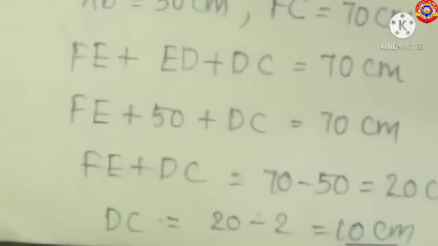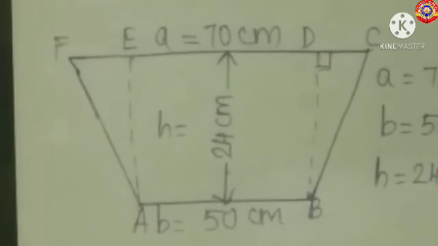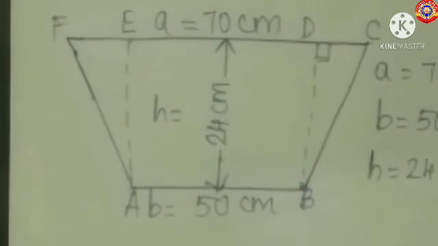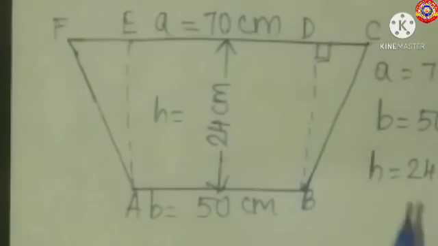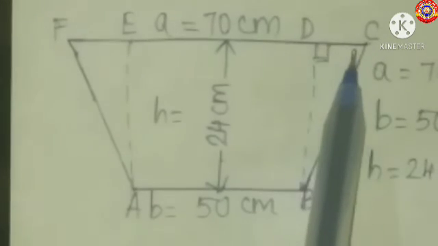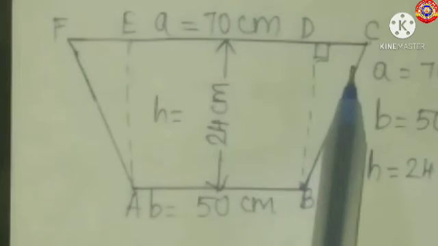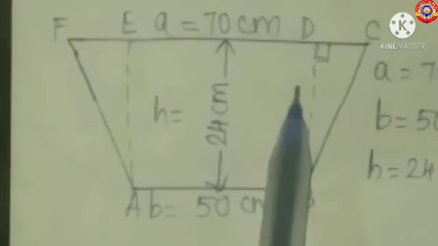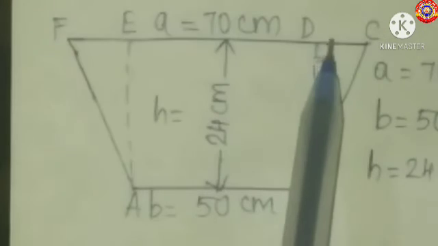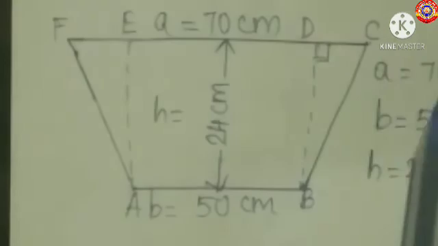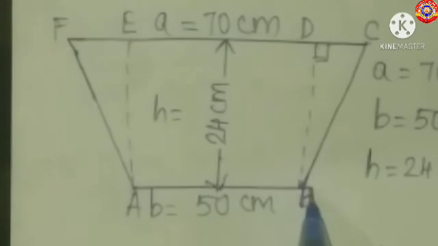Is it clear? Next we have to find the hypotenuse BC of this right triangle BDC. We know that DC equal to 10 centimeter and BD is 24 centimeter. Now, applying Pythagoras theorem, we will get the length of BC.